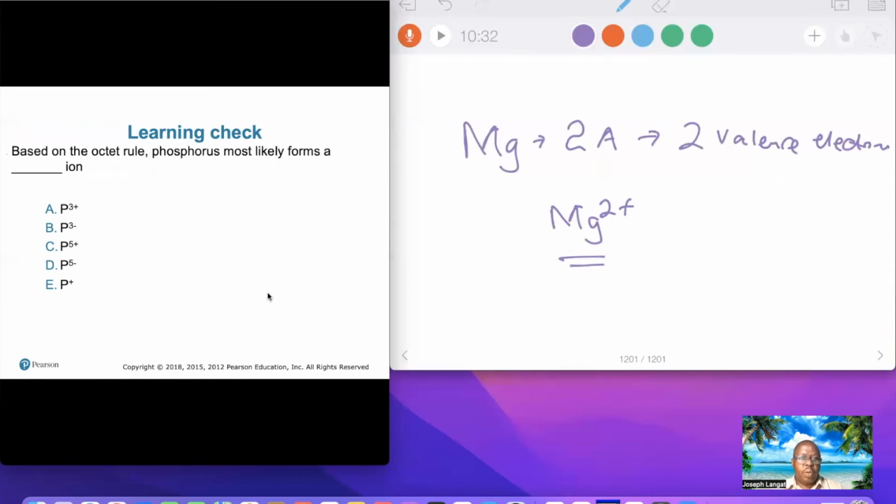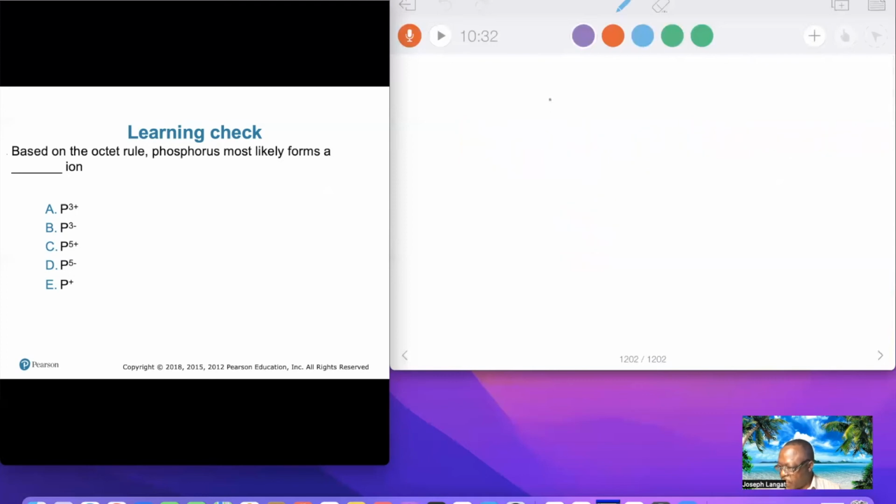Based on the octet rule, phosphorus most likely forms what ion? Again, this calls for locating the position of phosphorus on the periodic table. Phosphorus is in group 5A. So if I have 5A here, there is 6A, there is 7A, there is 8A. So 1, 2, 3, we need 3 more.